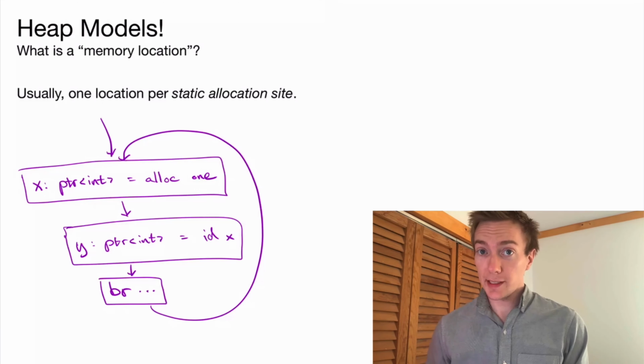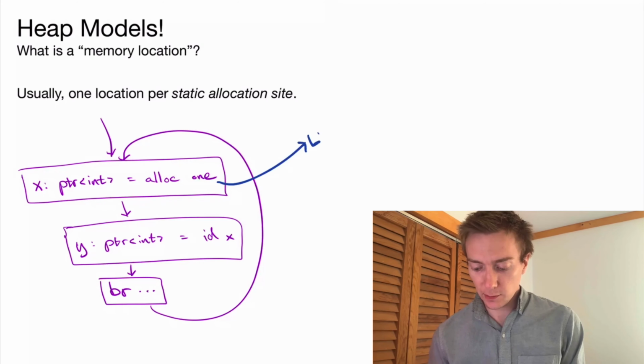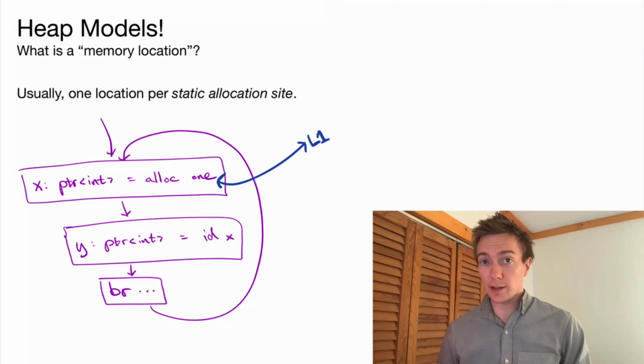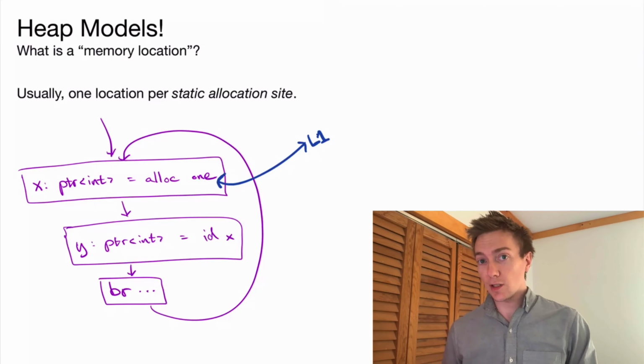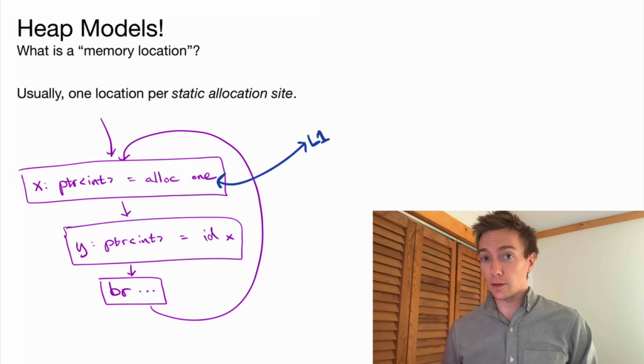The most straightforward heap model I can think of, and also a really effective one, is to associate every allocation instruction in your program with a single memory location. So this will be associated forever and for all time before we even start doing our data flow analysis with the location L1. We'll just label that instruction with that location in memory.